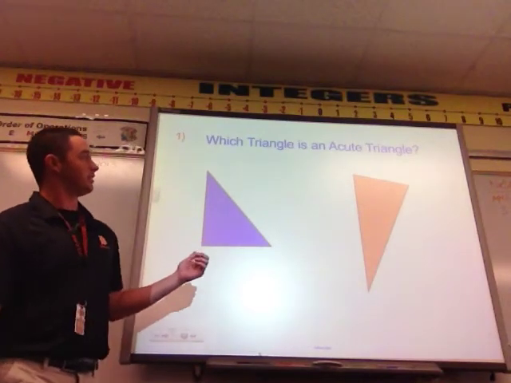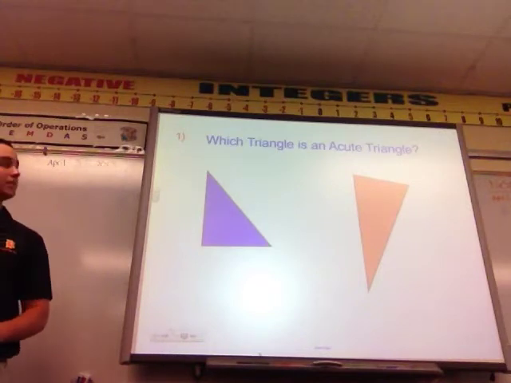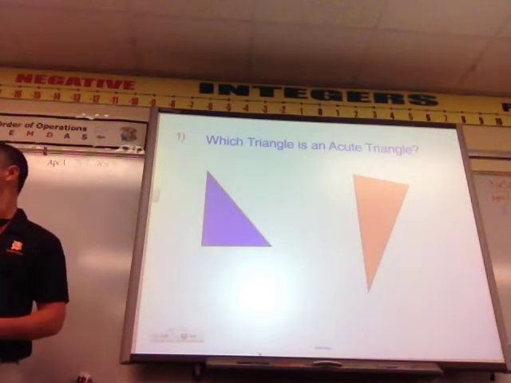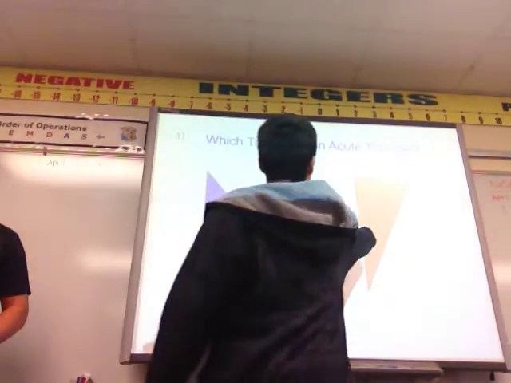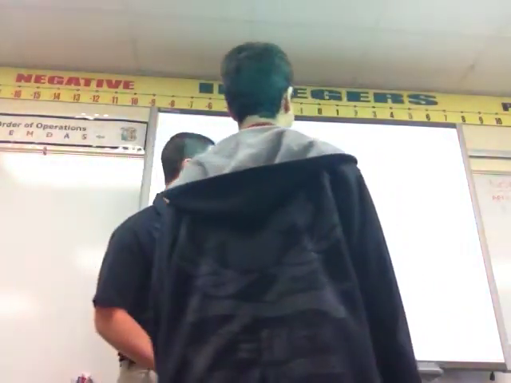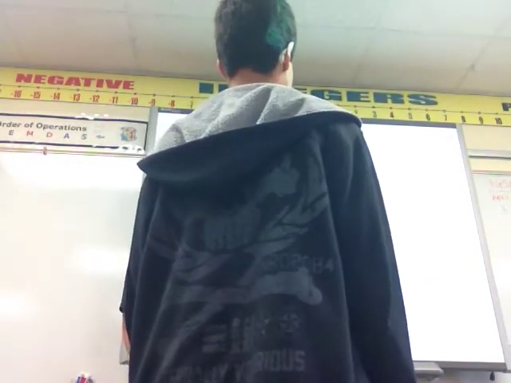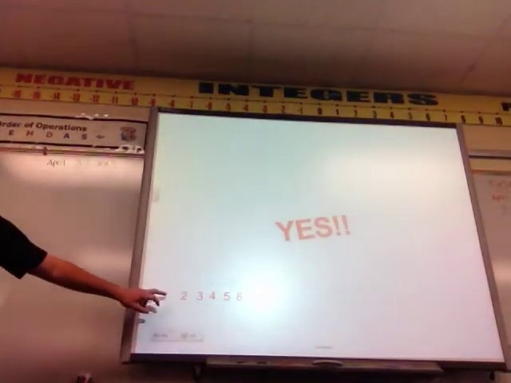So basically number one is just which triangle is an acute triangle, and whichever one of you guys wants to come up and pick one. Donald? I think it's this one. Yep. So, yes. Good job, Donald.